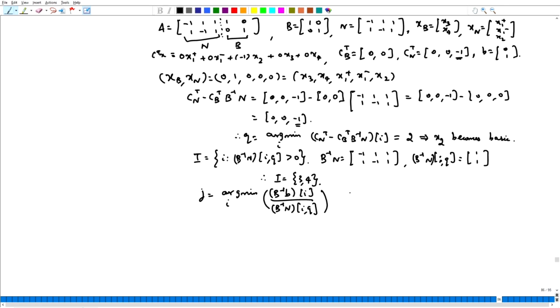So, for one of the variables it is going to be 0 by 1, and the other one is 1 by 1. So, we are just finding the argmin of 0 by 1 and 1 by 1.